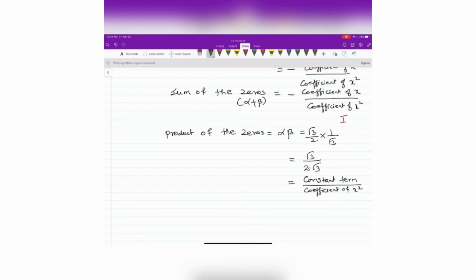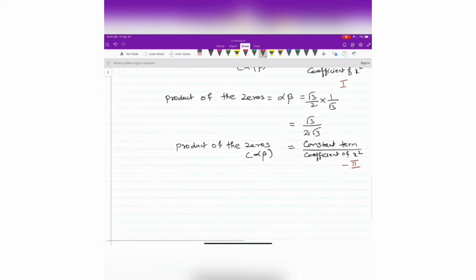Or in other words, we have verified product of the zeros, which is alpha beta, is equal to constant term by coefficient of x square. So the result what we got here or what we verified here, let me name that as 2.